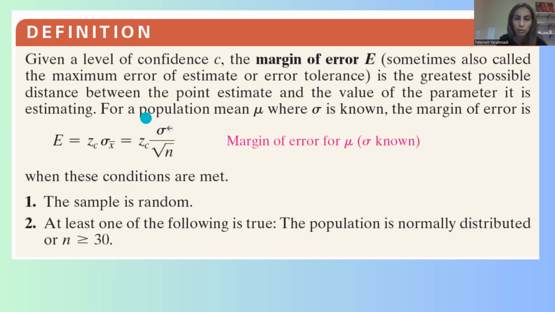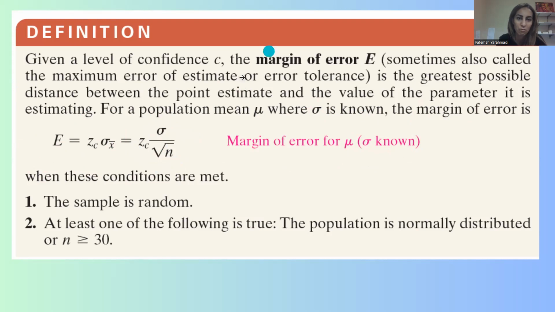The margin of error of the mean when sigma is given to you is equal to E equals ZC, the critical value, times sigma divided by square root of n. N is the sample size.